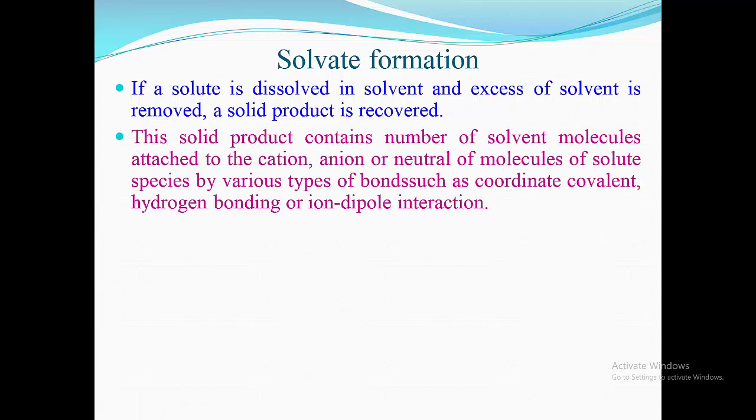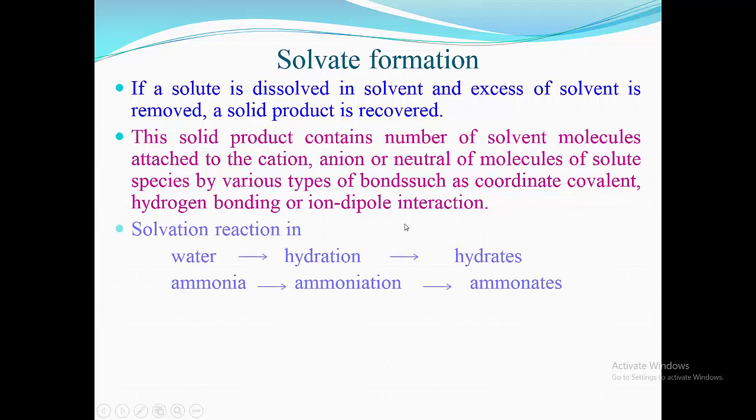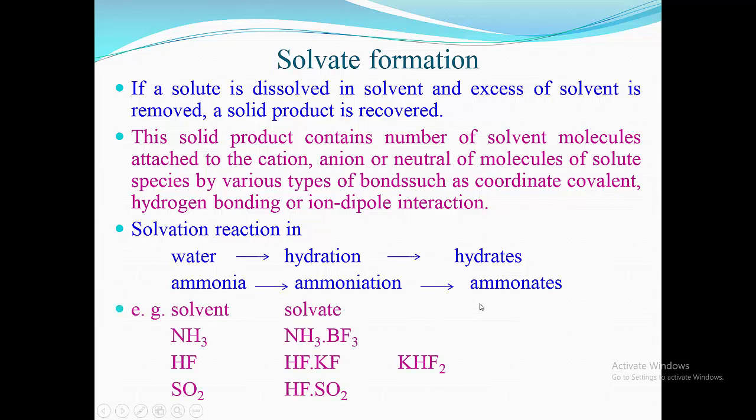This solid product contains a number of solvent molecules attached to the cation, anion or neutral molecules of solute species by various types of bonds such as coordinate covalent bond, hydrogen bonding or ion dipole interaction. Solvation reaction in water is called hydration and the solvate form is called hydrate. Solvation reaction in ammonia is called ammoniation and the solvate form is called ammoniate.